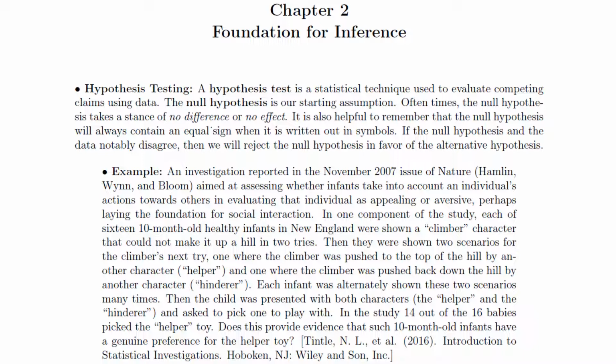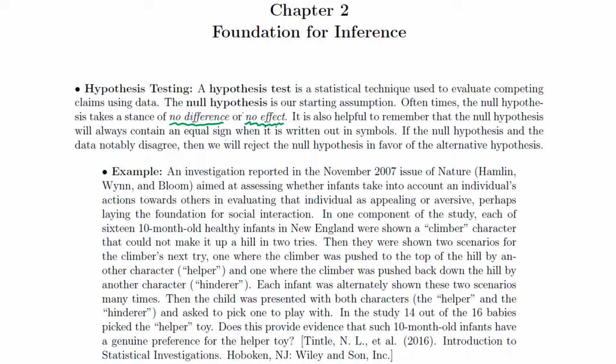And so as we set this up, one of the first things we'll do is set up this null hypothesis that we referred to. And some kind of things for you to key on as you learn this process is that the null hypothesis often takes on the role of saying, maybe there's no difference or no effect.